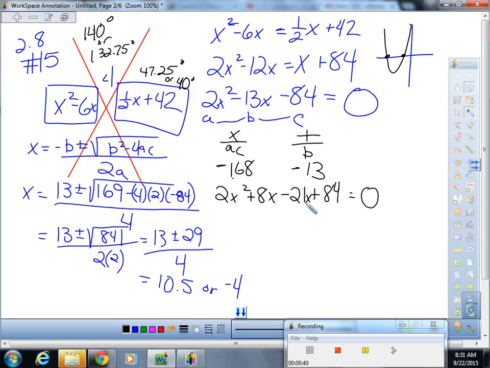Now I factor again, by grouping. So what number goes into that and that? So we're going to say 2x times x plus 4. And what number goes into both of those? So I'll take out a, hold on, this is supposed to be a minus 84, wasn't it?